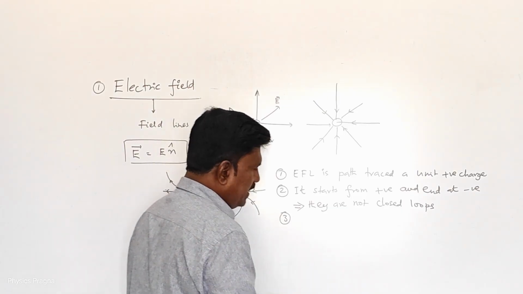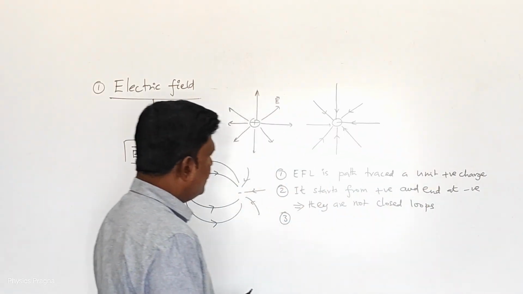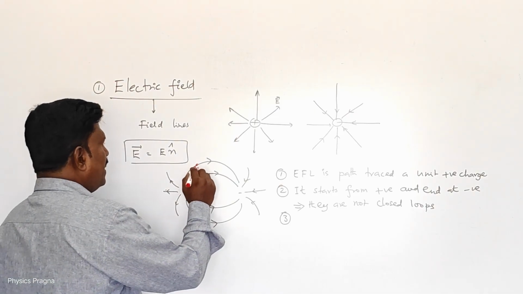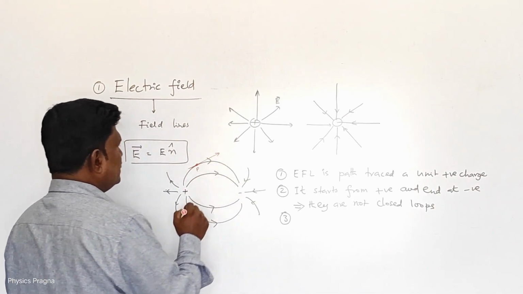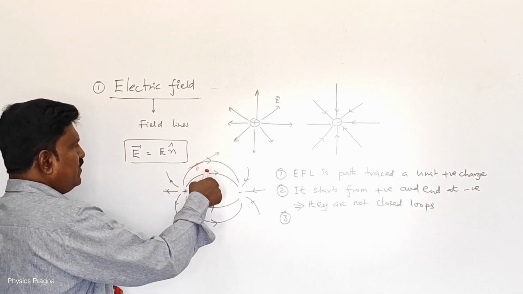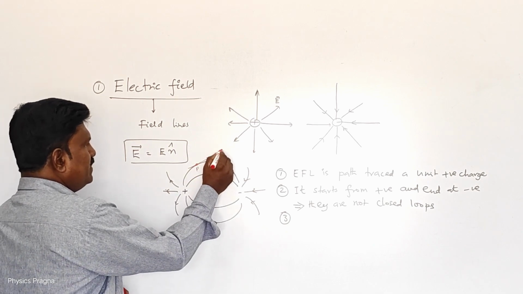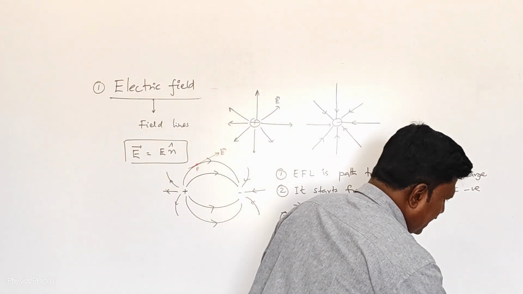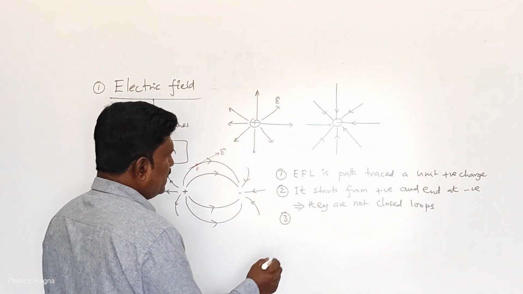Third point. See, if I take a point P and draw a tangent at this point to this field line, this will give the direction of the electric field, right?